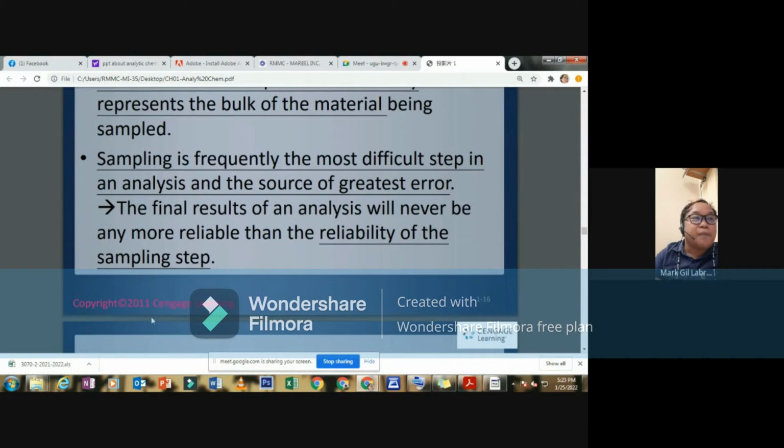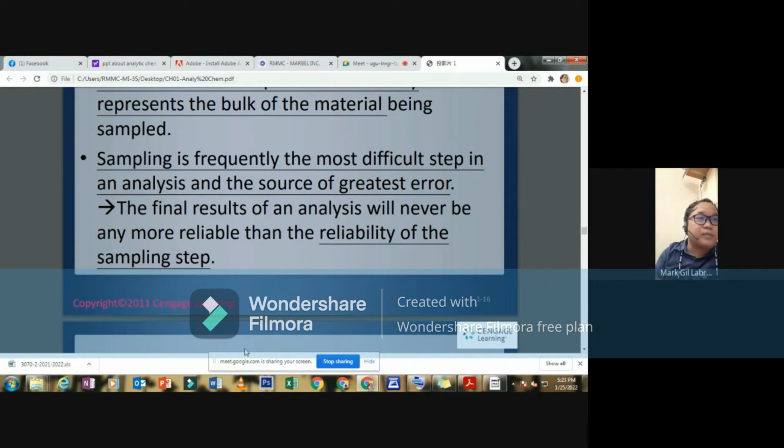So sampling is actually frequently the most difficult step in an analysis and the source of greatest error. Kaya when you do research, first question ko minsan is, how did you get the sample? Kasi doon talaga nagkakamali ang mga researcher, ang mga chemist natin, even yung mga nag-a-analyze, in getting the sample.